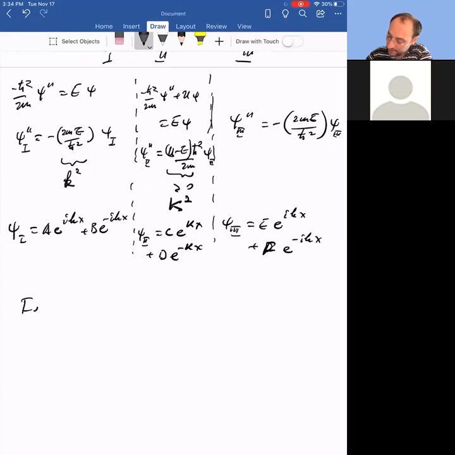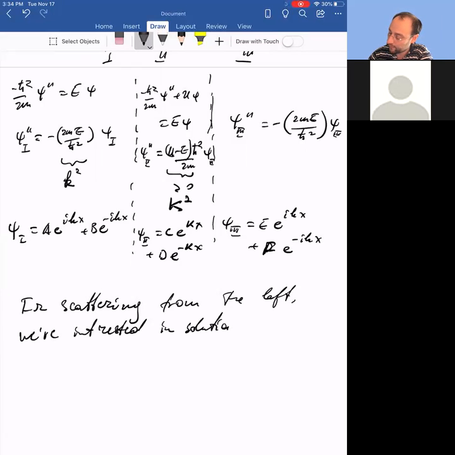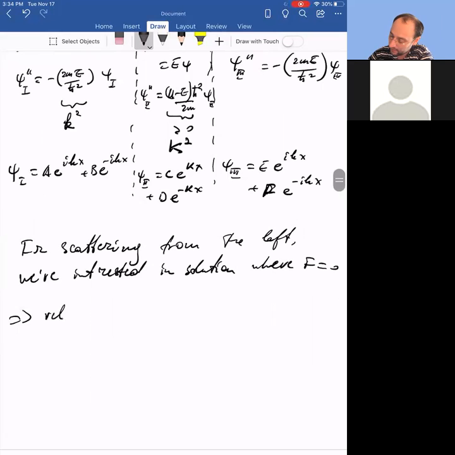For scattering from the left, we're interested in the solution where F equals 0. And so then we will relate B to A and E to A, just like we did yesterday.